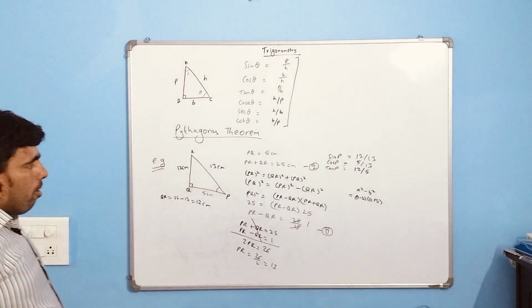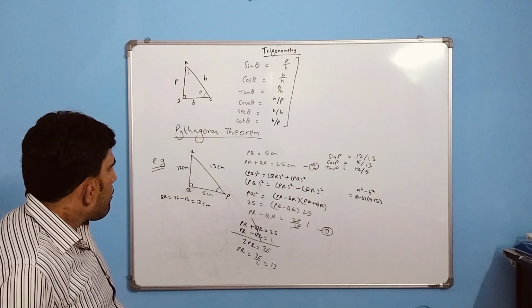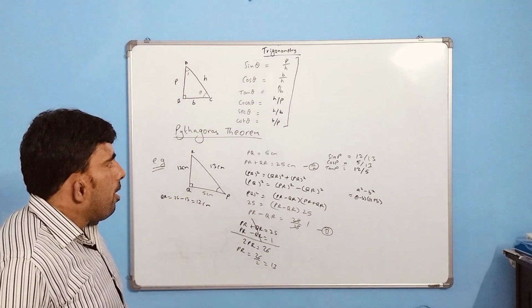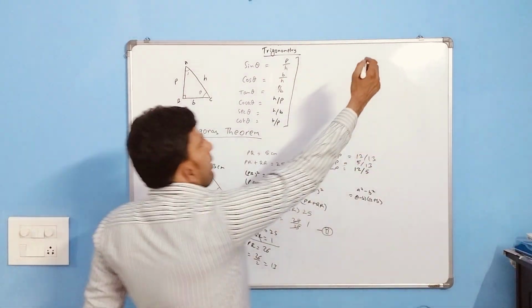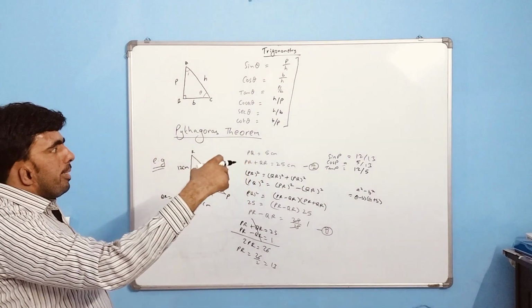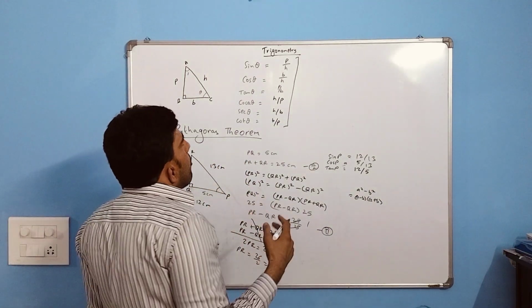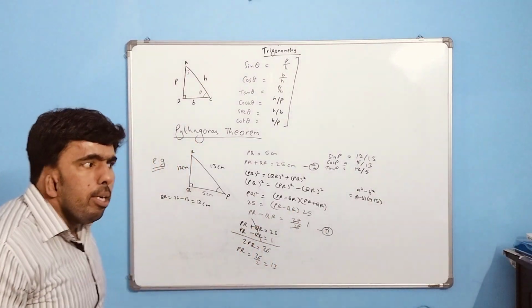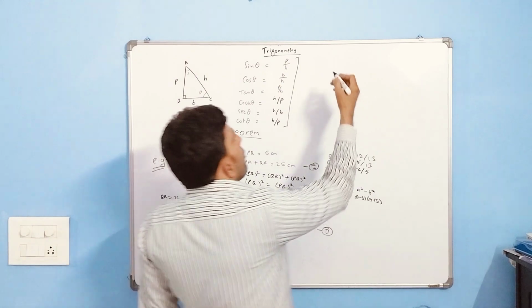Let's find the table. Now we need to take the values of sin theta, cos theta. For example, sin 30 degree, 60 degree, 45 degree, 90 degree, now we are able to calculate.